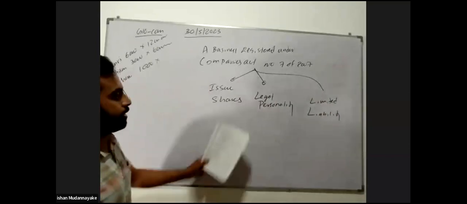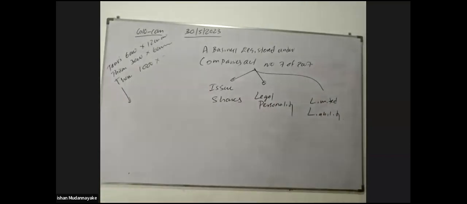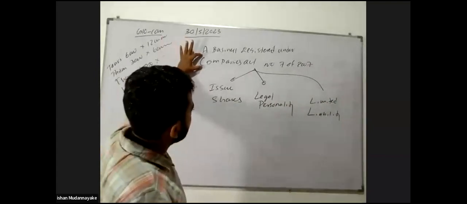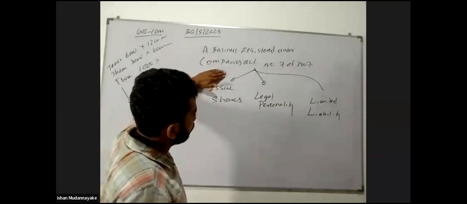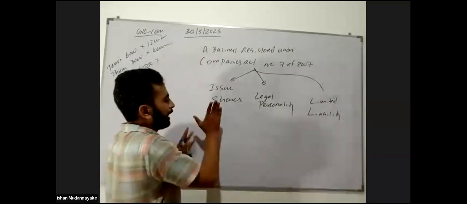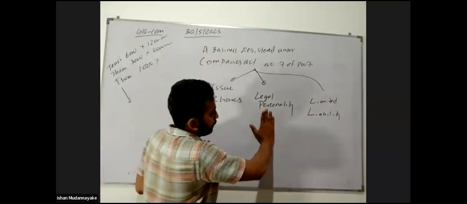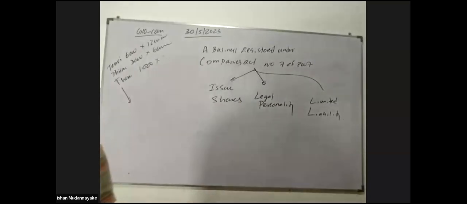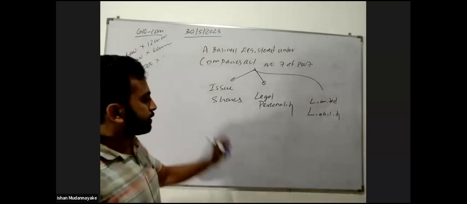Write the answer like this: a business organization registered under Companies Act number 7 of 2007, which can issue shares, having legal personality and having limited liability. Okay, write the answer like this.